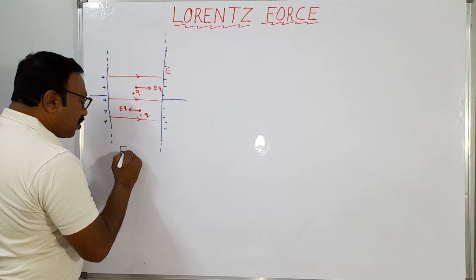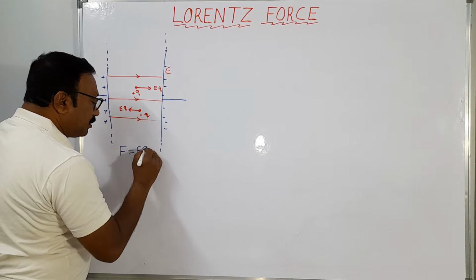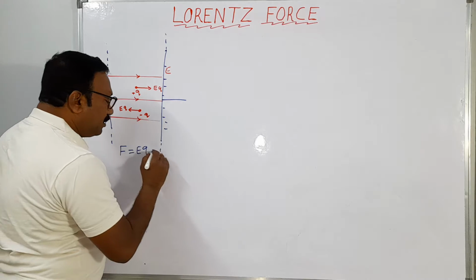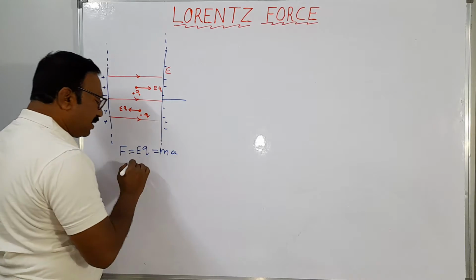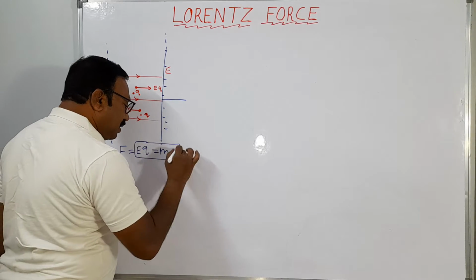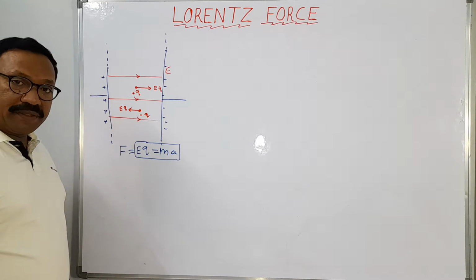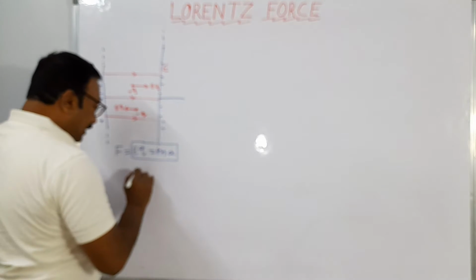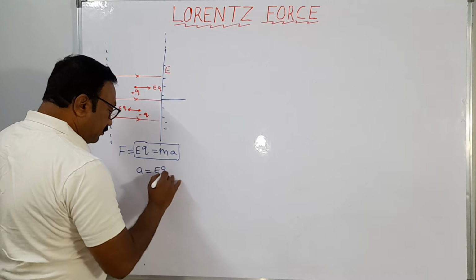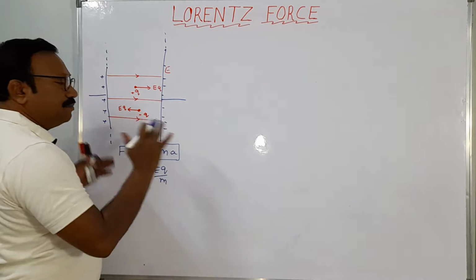And this force acting on a particle causes an acceleration. That is why we can equate this force to ma. So what is the acceleration of the particle? It is Eq by m.